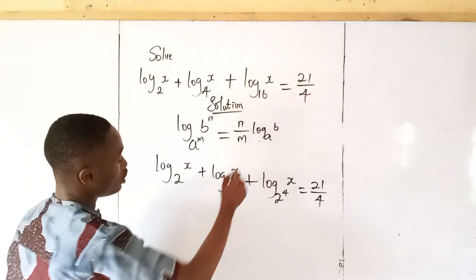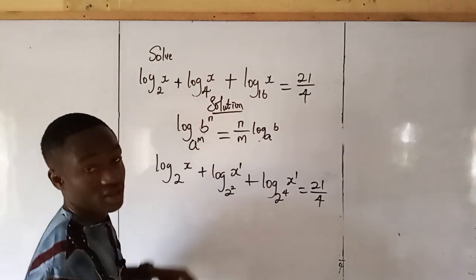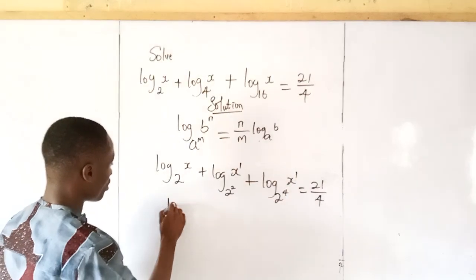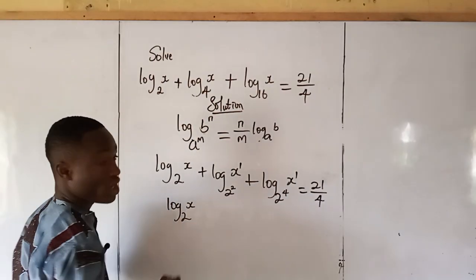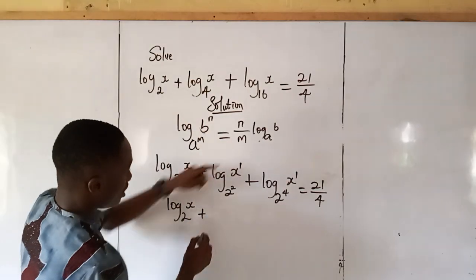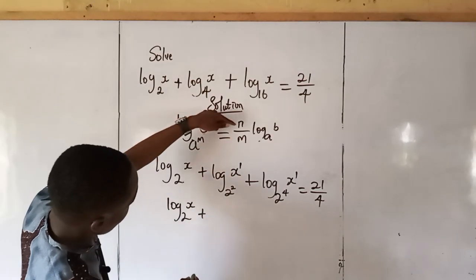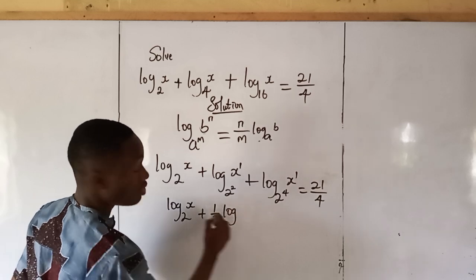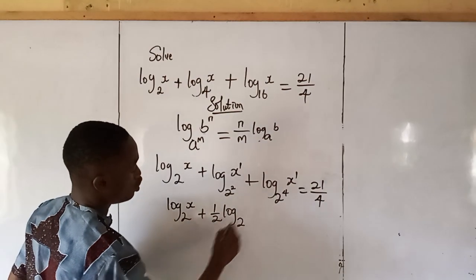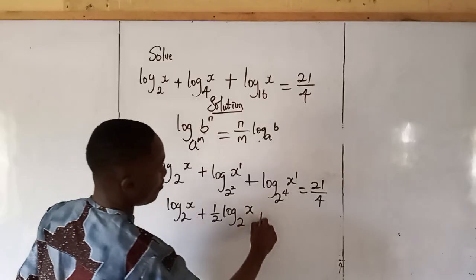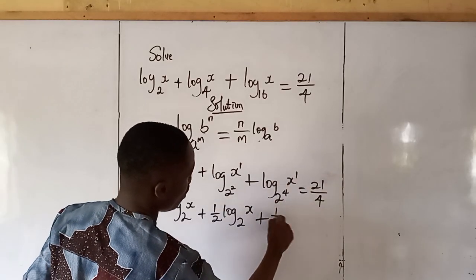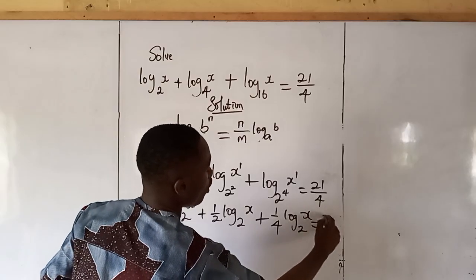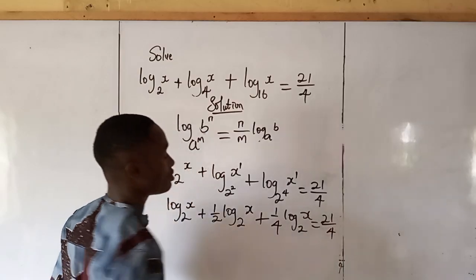I can put 1 here to make the value of n. Applying this, I would have log 2x to base 2, plus, bringing n and m here, 1 over 2 log 2x to base 2, plus the same thing, 1 over 4 log x to base 2, equals 21 over 4.